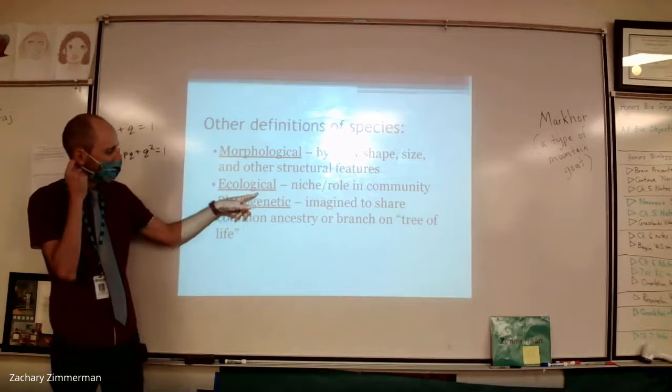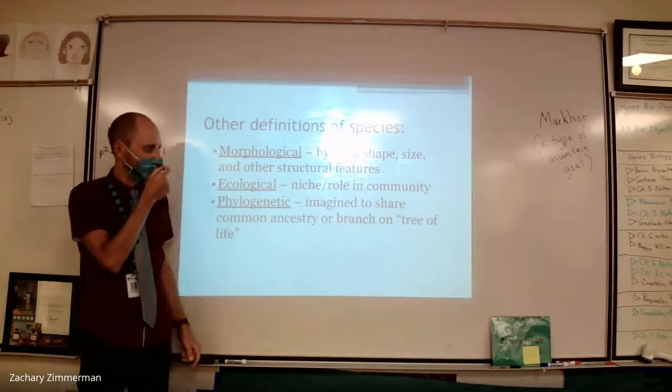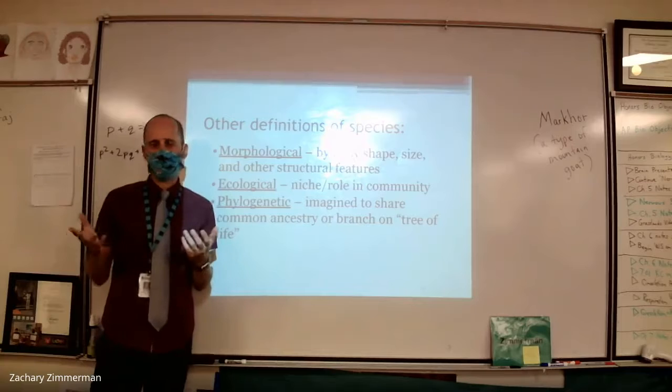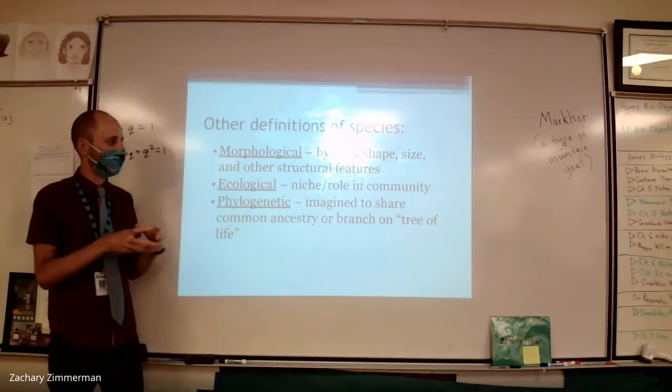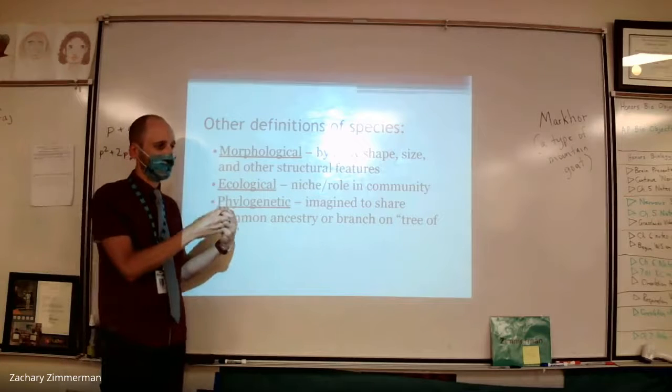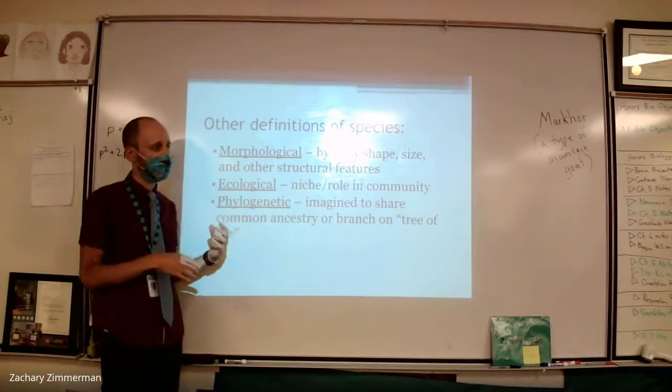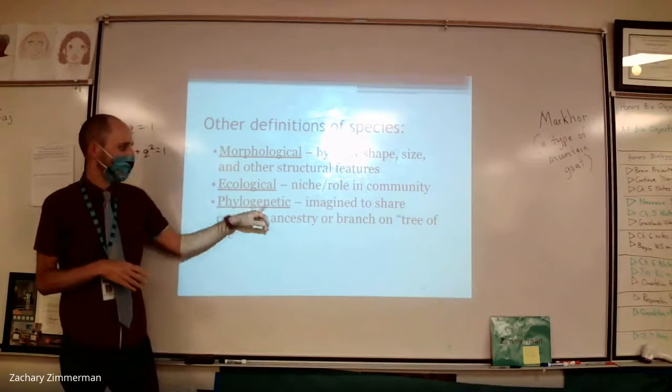Ecological definition, niche, role in the community. So what if one species has a different role in the community? That might serve as a basis for classifying it as its own unique species if there's no other species that has that niche. Phylogenetic.